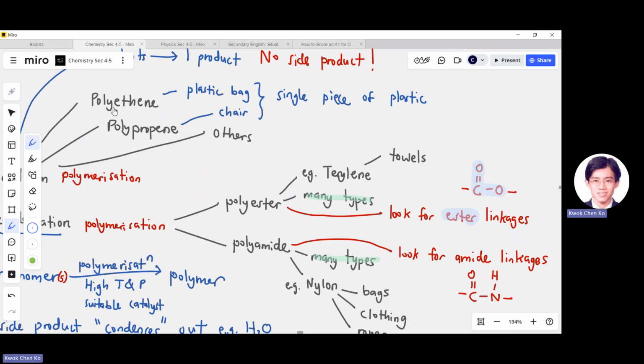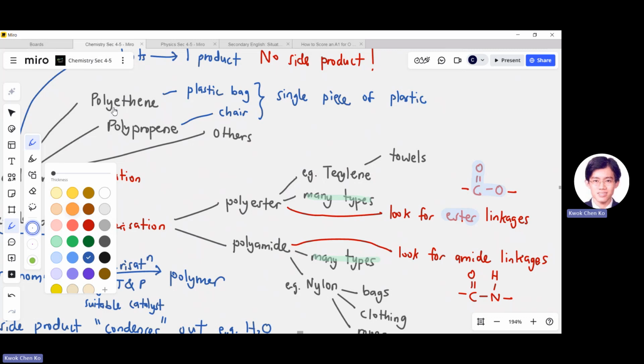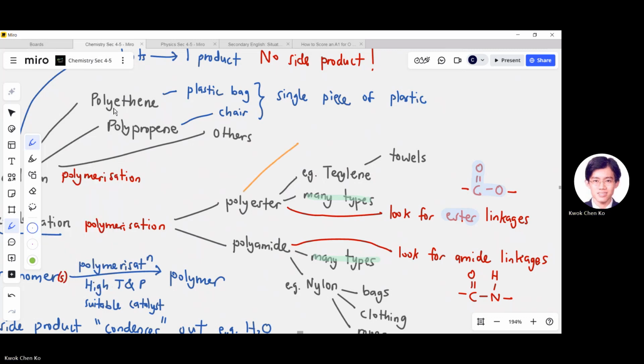But if you look at condensation polymers, more often than not, they are in the form of fibers or threads, if you want to call it that. And they have been spun into a product.